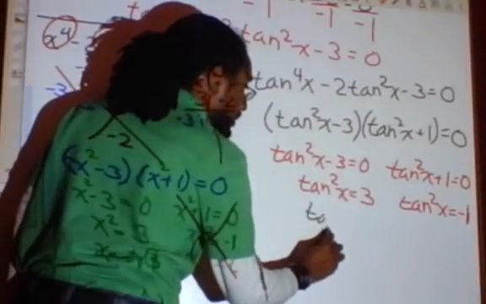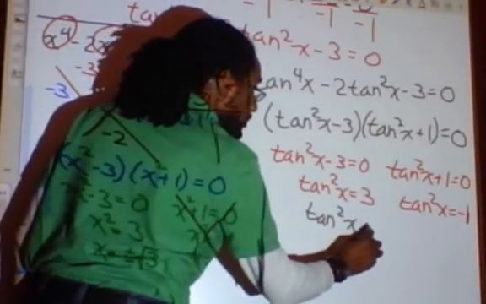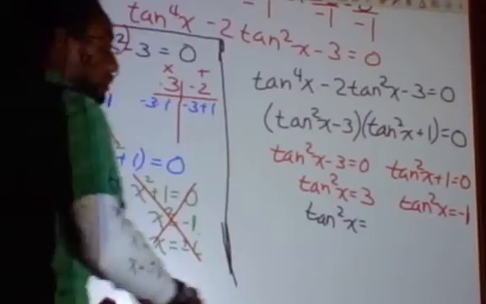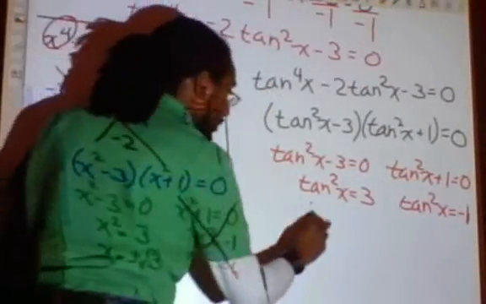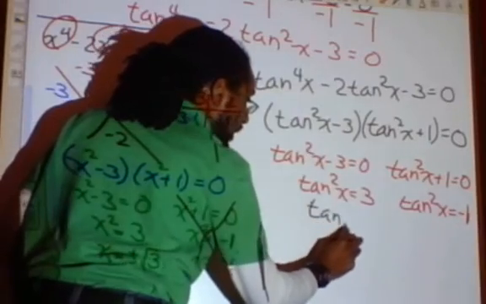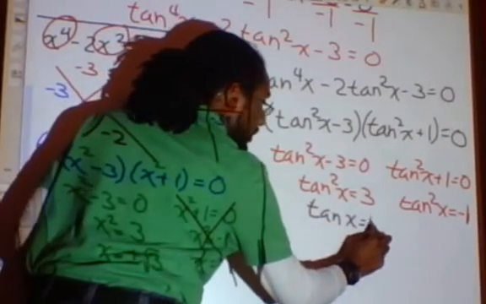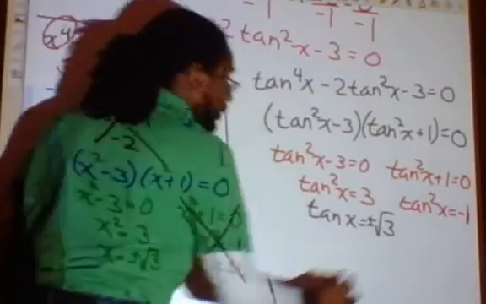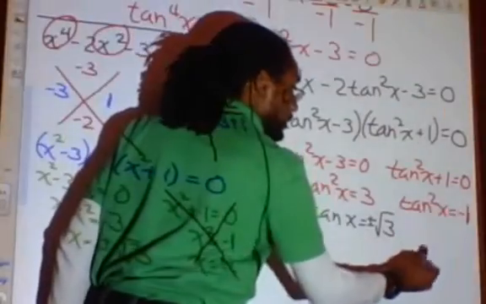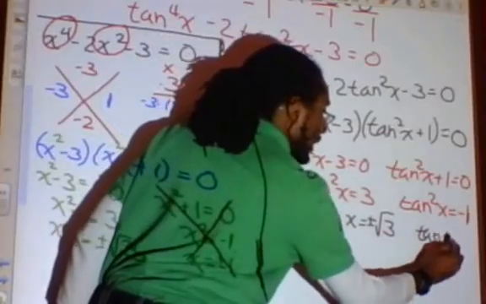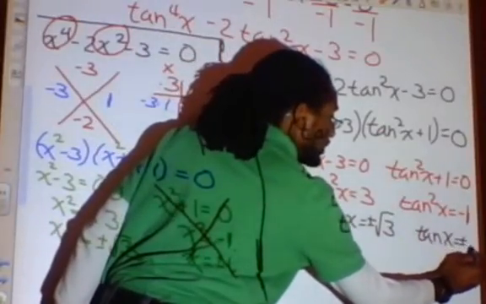And we get, sorry, not tan squared, just tangent. So tangent x equals plus or minus square root of 3. But then for the other side, we take the square root of both sides here. That would be tan x equals plus or minus i.